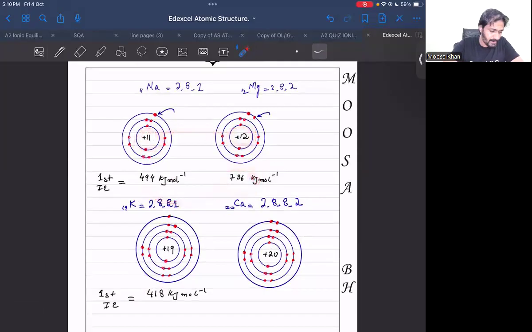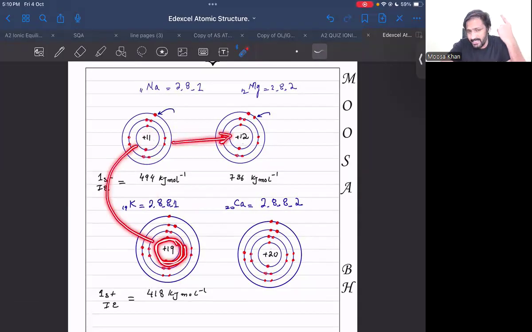However, from sodium to potassium, there is an increase of 8 protons, much greater than for magnesium. But still, the value of first ionization energy of potassium is lesser, although it should be higher due to the increase in nuclear charge. But there is another factor at work.